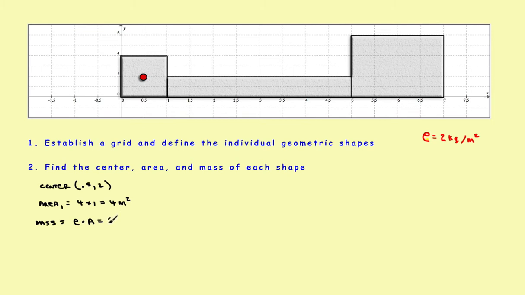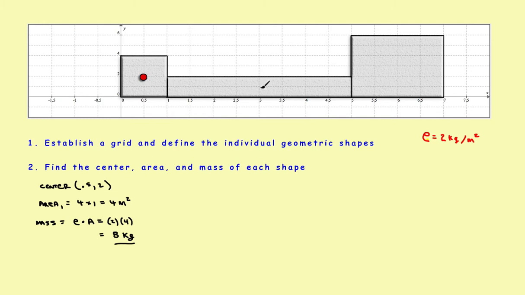So we've got 2 times 4, which gives us a total of 8. The units would be kilograms. So 8 kilograms. The equivalent point mass of that first rectangle is 8 kilograms, and the center is at 0.5 and 2.